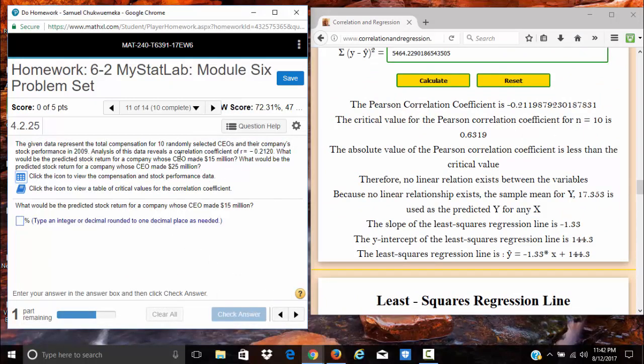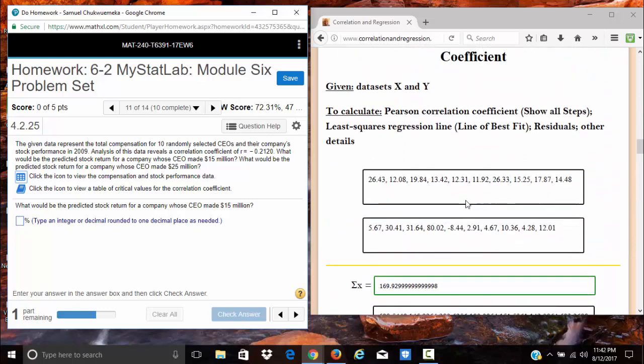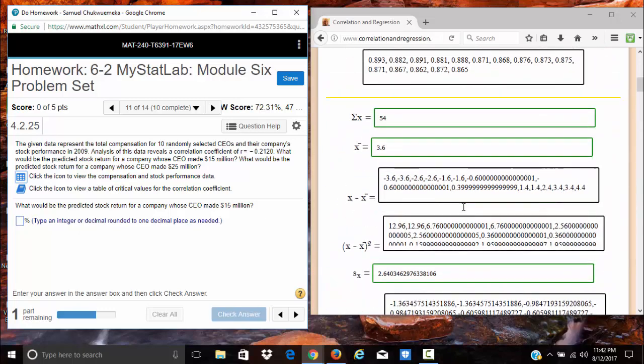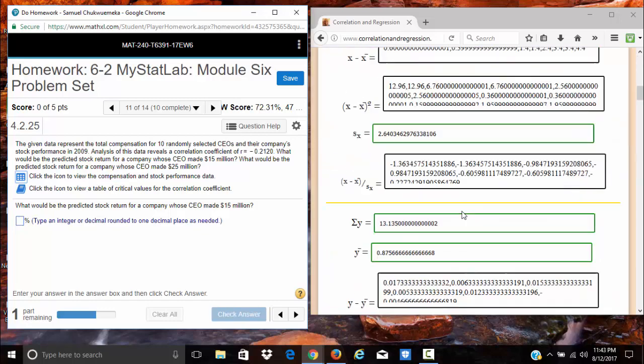So this reveals a correlation coefficient of negative 0.2120. Okay. I see that some results are still part of what we had before, so I'm just going to close this and open it back up.